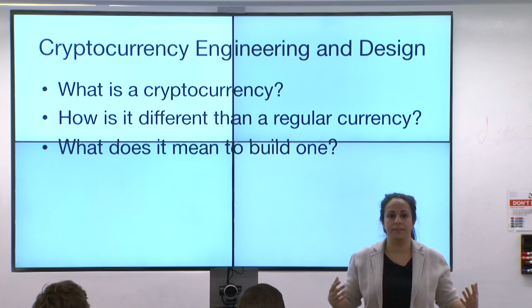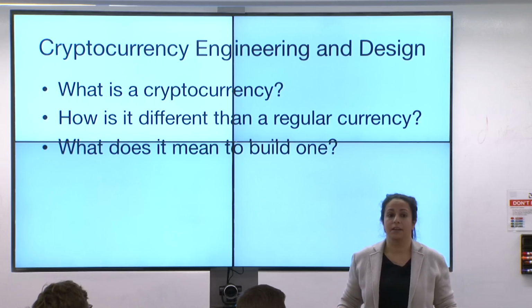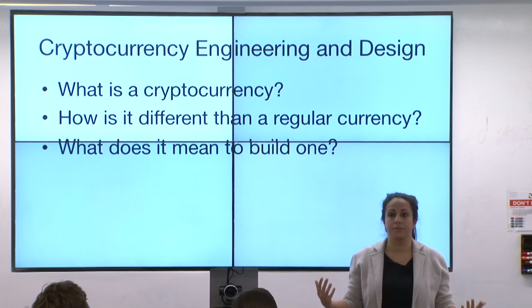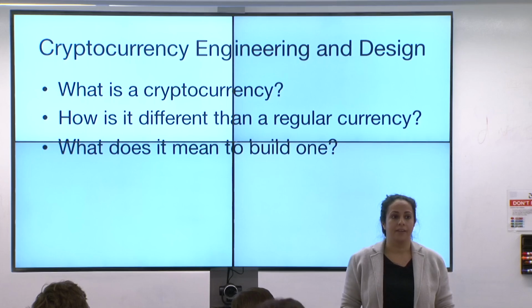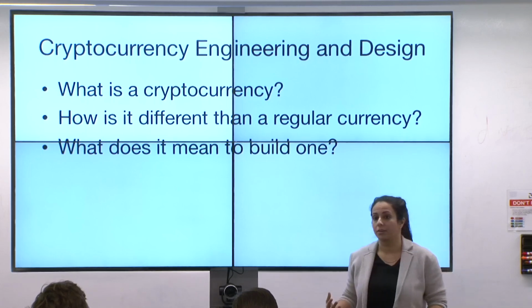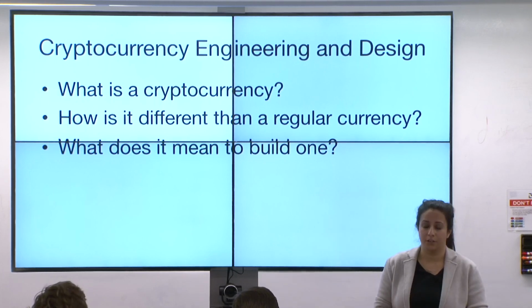But it's created something that has captured so many people's imaginations and has, depending on how you measure it, created billions and billions of dollars of economic value and inspired a lot of people to think about how to use this technology to solve a myriad of different problems, not just electronic payments.